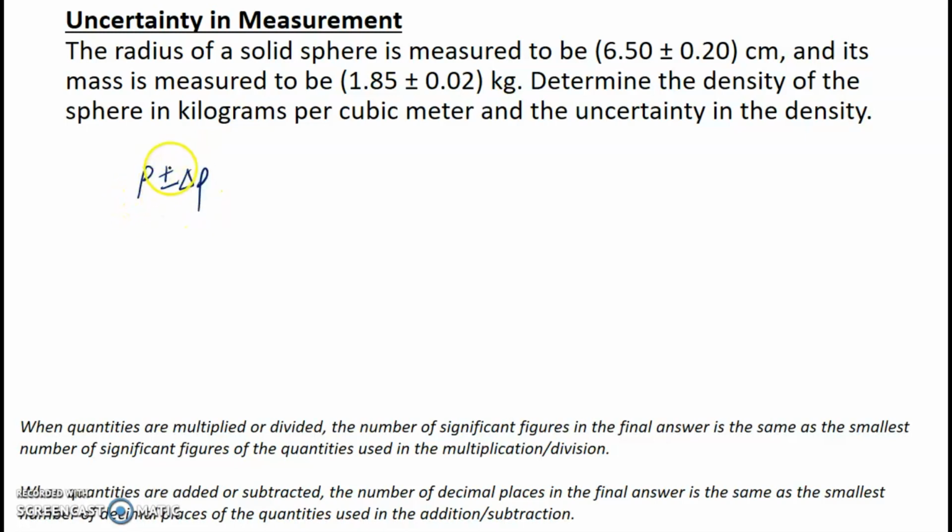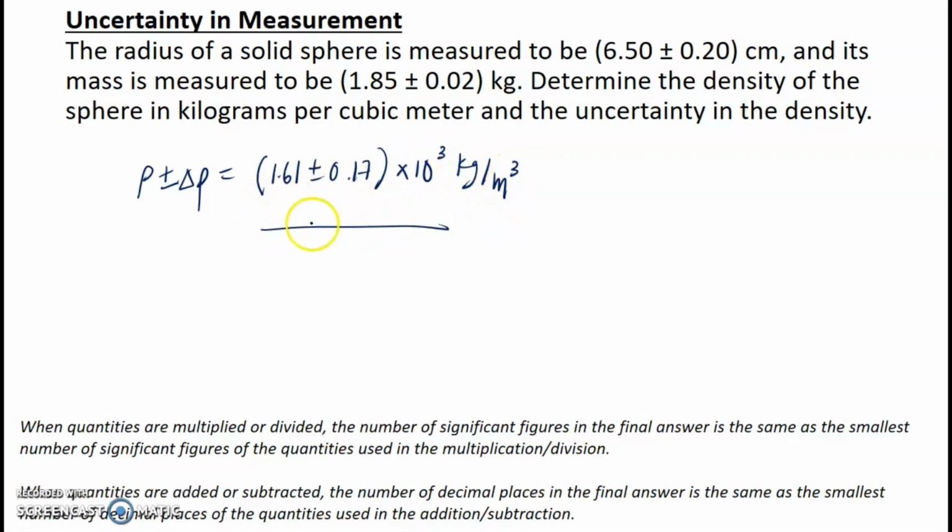The density plus minus the uncertainty in the density is equal to 1.61 plus minus 0.17 times 10 to the power of 3 kilogram per meter cube. So this is our final answer.